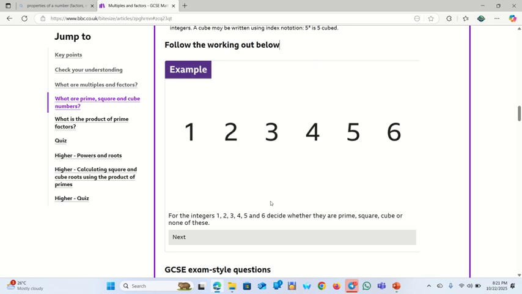So let's follow the working out we have below here. Let's look at example. We have number 1, number 2, number 3, 4, 5, and 6, right? So for the integers 1, 2, 3, 4, 5, and 6, decide whether they are prime, whether they are square, cube, or none of this. Can you do that?